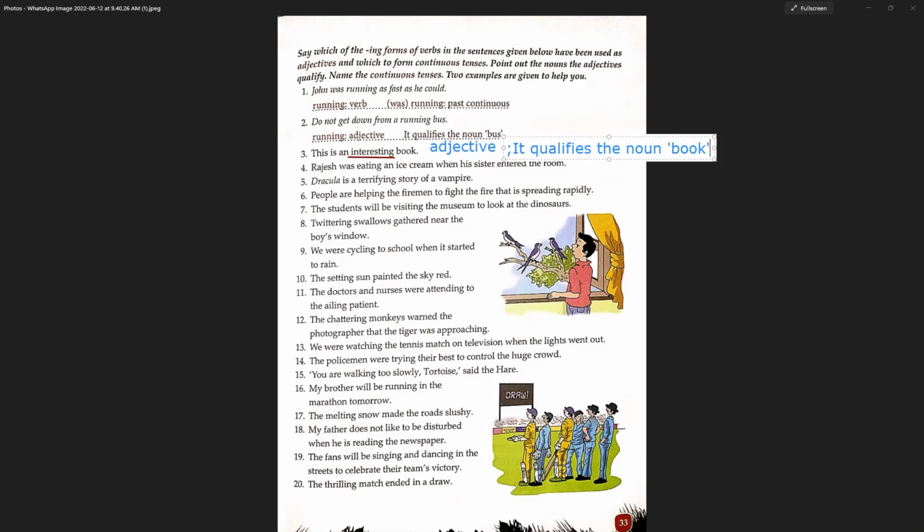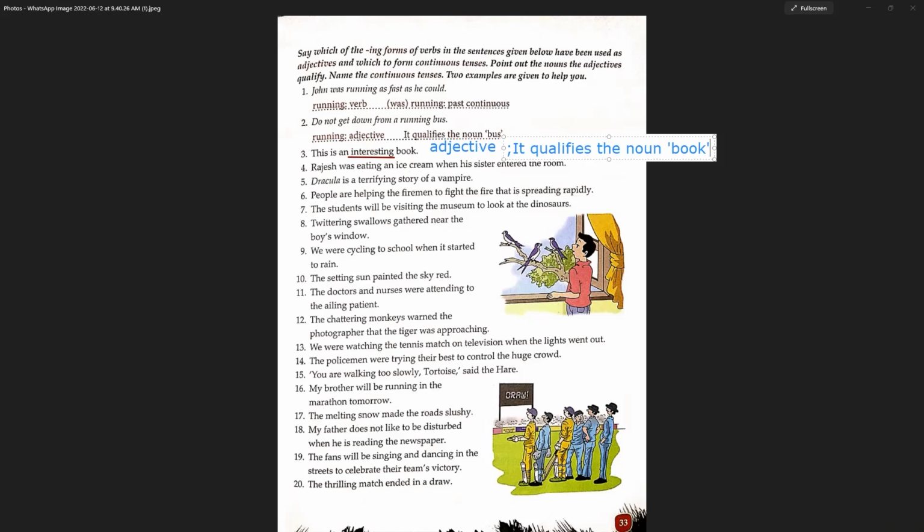Teacher, Methuni. Yes, please, Methuni. Number 4. Please read the line first. Rajesh was eating an ice cream when his sister entered the room.